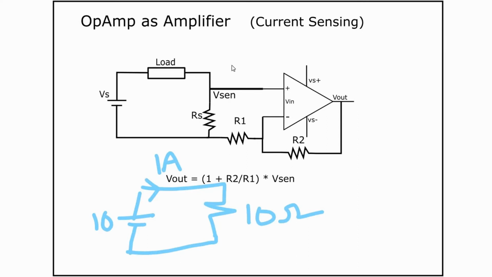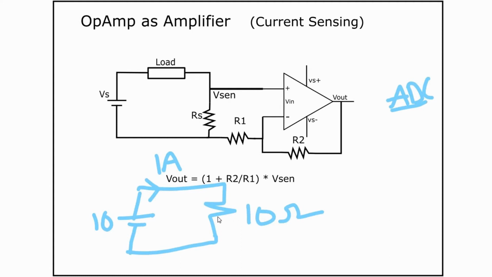Now let's assume that you are building a circuit where you want to show the current flowing through it, or you are building an embedded system using a microcontroller where you are going to measure the current and take some action. Generally, circuits cannot directly measure current. For example, in a microcontroller you are going to use an ADC, an analog to digital converter. This will take an input as a voltage.